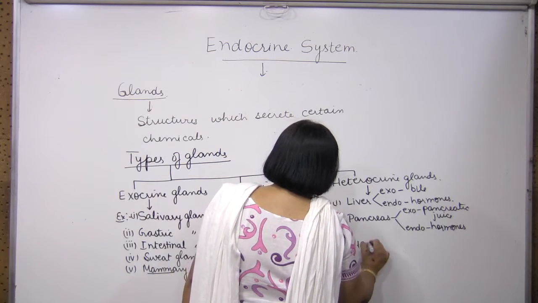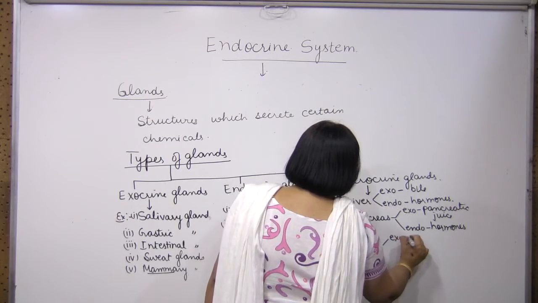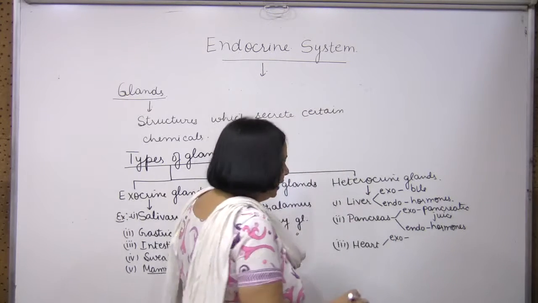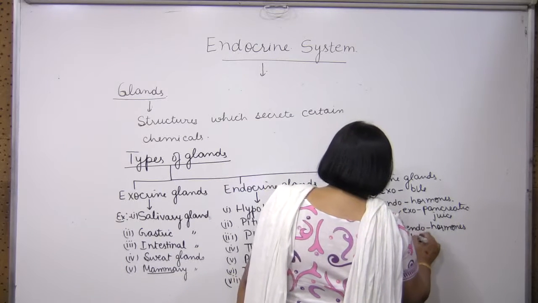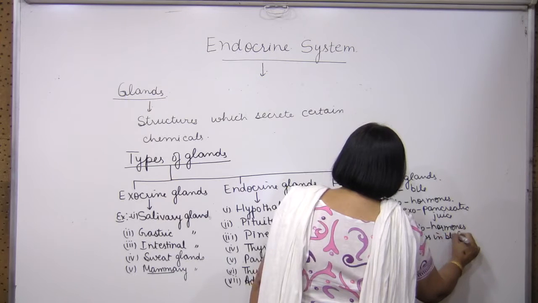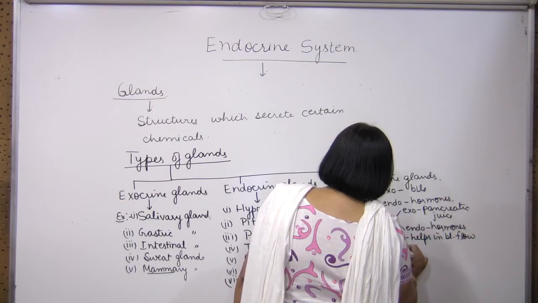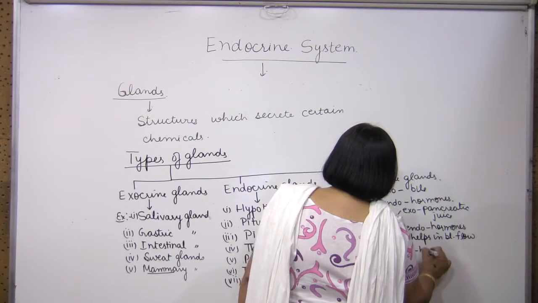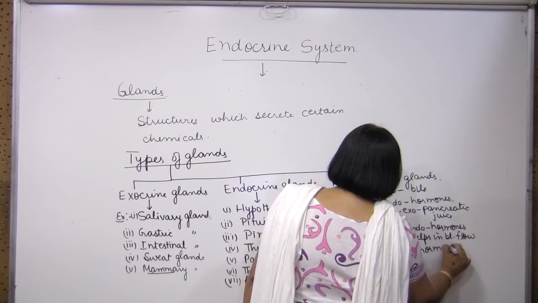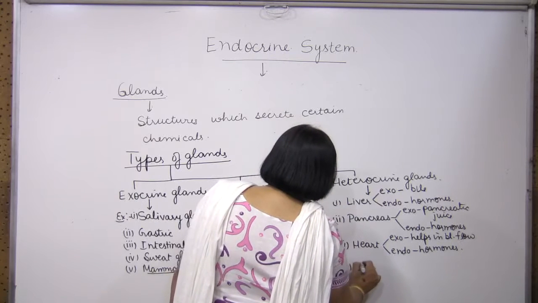Then heart. Exocrine part, you know, it helps in blood flow, whereas again endocrine part, it secretes hormones. Then gonads.